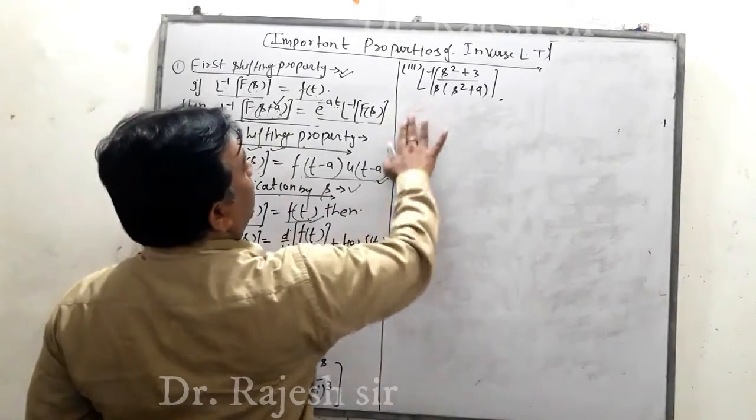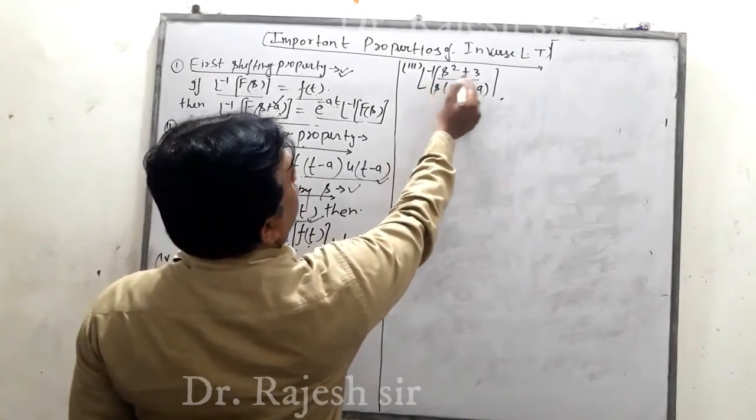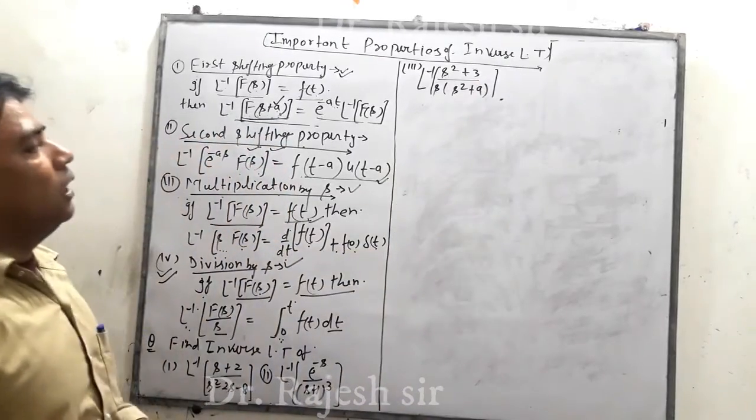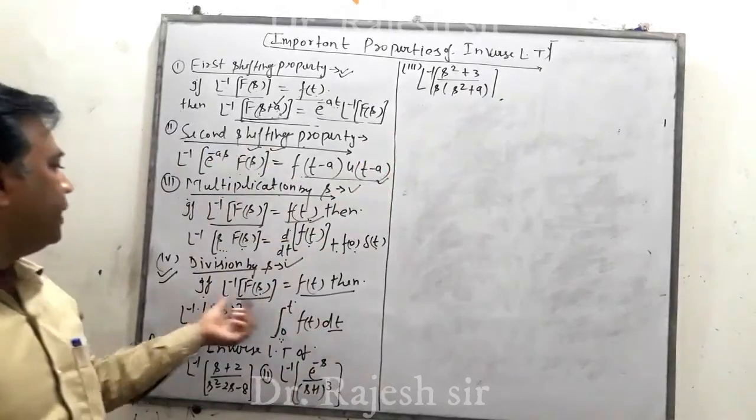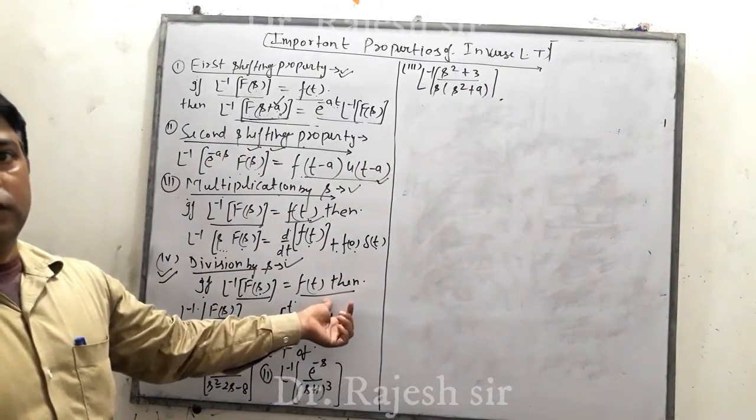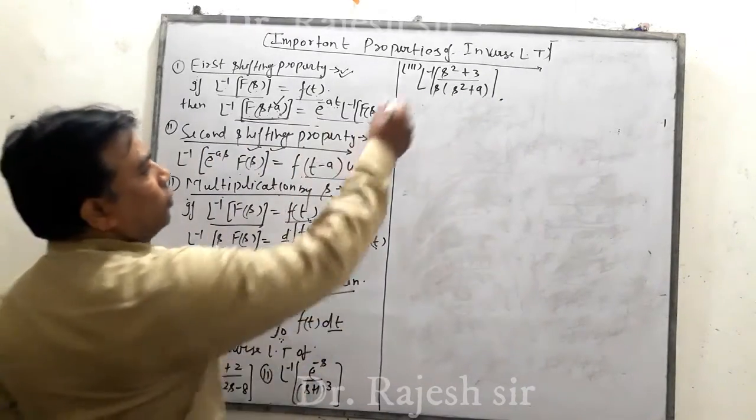Third question. Laplace inverse of s square plus s upon s square plus 9. This depends upon division by s. You see the question.